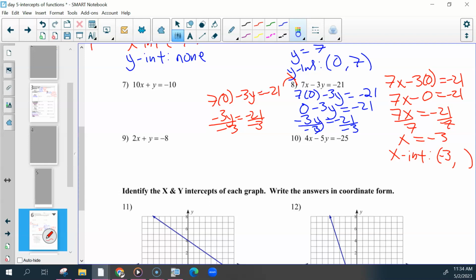You know our y value up here? So what would we put in there? 7. 0.